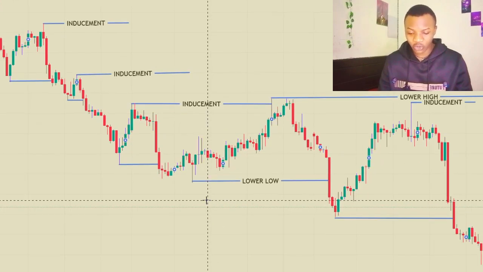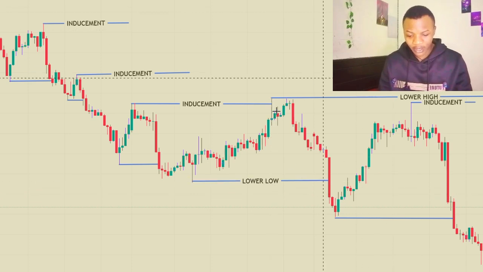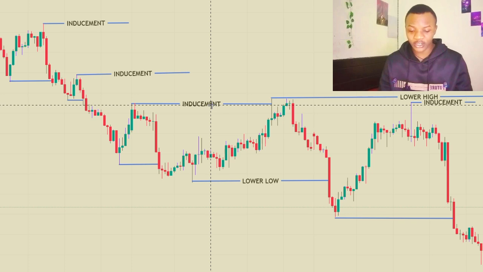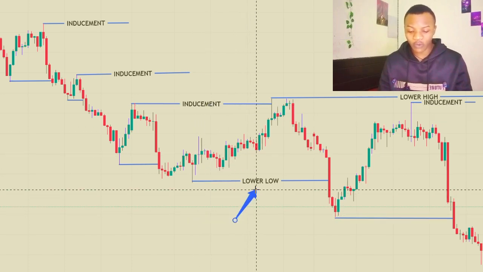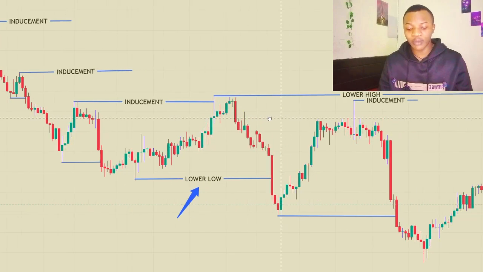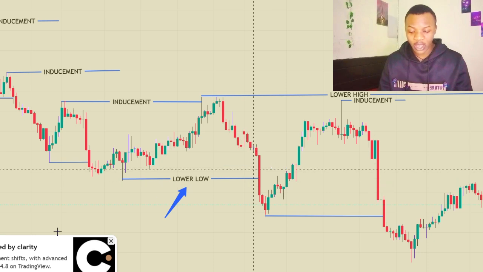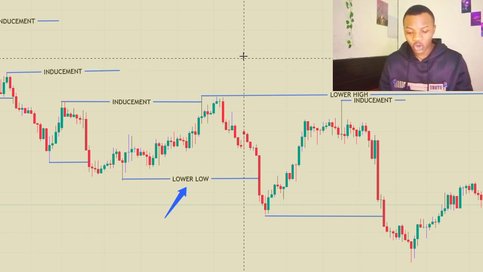Now in this scenario the price action came back here and it breaks our recent inducement. So once it breaks our recent inducement we confirm a low here. Are we together? And once it breaks our recent low here, we confirm our lower high.